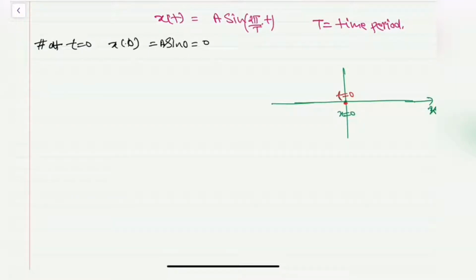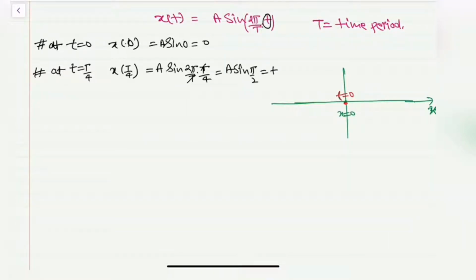Okay, if we consider t = T/4, the particle at t = T/4 is x = A sin, put the value of t in this expression, and you will get the value of displacement of the particle from the mean position, and it is equal to A sin(π/2).